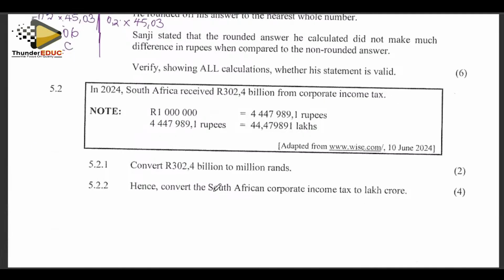Okay. We look at question number 2. In 2024, South Africa received 302.4 billion. They converted this to millions. Now remember, a billion has 9 zeros.